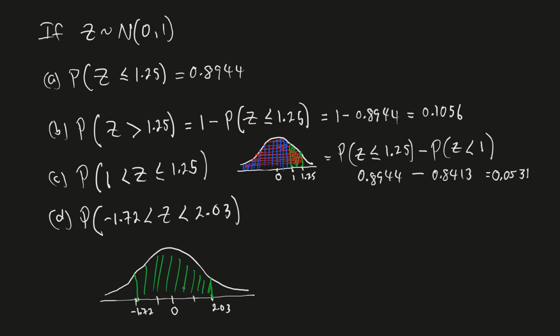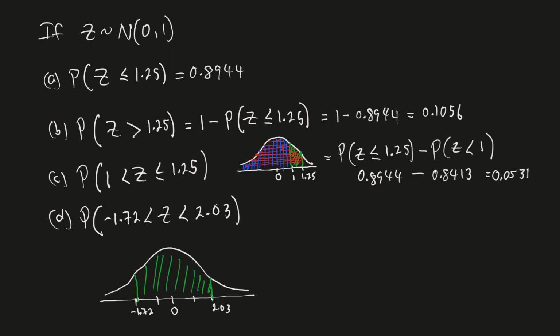So we're going to do the same thing. We're going to find all the area to the left of 2.03 and subtract from that all the area to the left of -1.72. Now I will say something about these tables that I think is really handy. Some of the standard normal tables that are out there do not include the negative values.